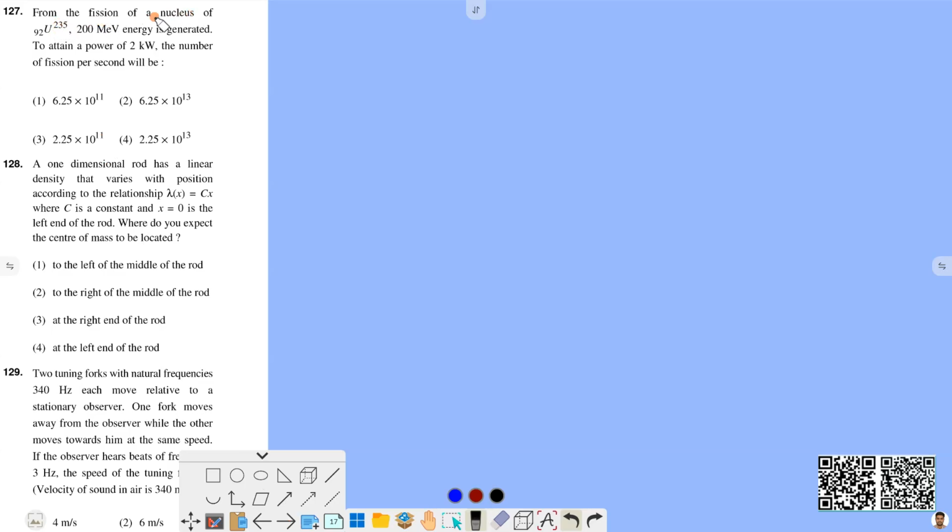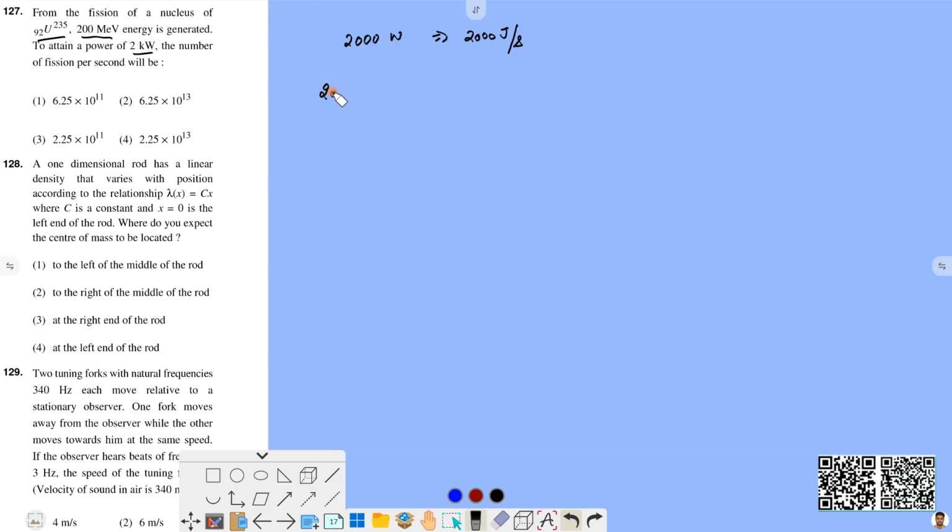From the fission of a nucleus of uranium-235, 200 mega electron volt energy is generated. To attain a power of 2 kilowatt, the number of fissions per second will be. So what we need is 2000 watt energy, and that is basically 2000 joule per second. Now one fission produces 200 mega electron volts.